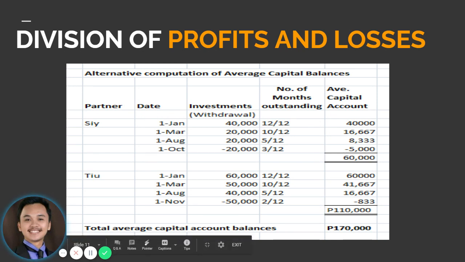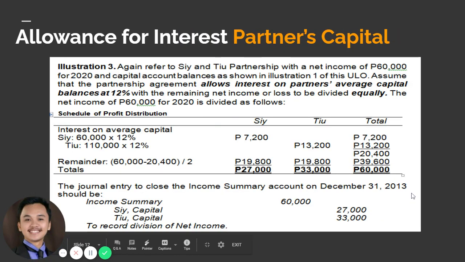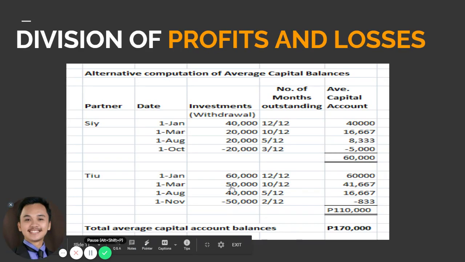So, journal entry to record the distribution of the profit. By the way, before you create a journal entry, you compute first the net income to be distributed to C and Chu. So from that, you will use 60 and 110 respectively. From the illustration earlier, ang net income nato is 60,000.